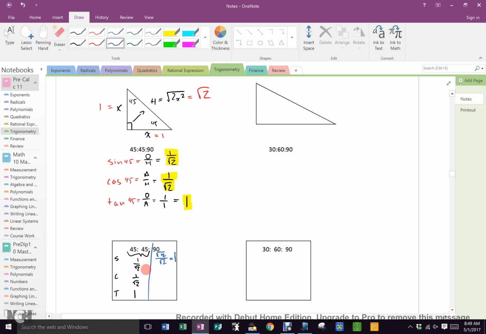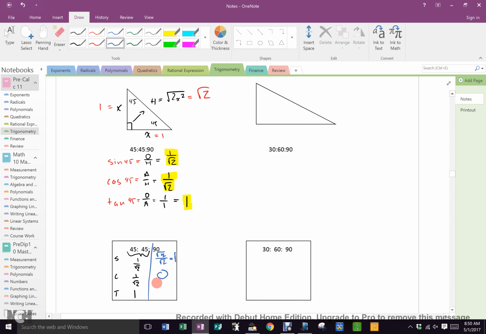Which one? What's the cos of 90? Use your calculator. What is the cos of 90? Why? Why is the cos of 90 0? Because you can't do it. Why can't you do it? They're both adjacent. So the cos of 90 is 0.